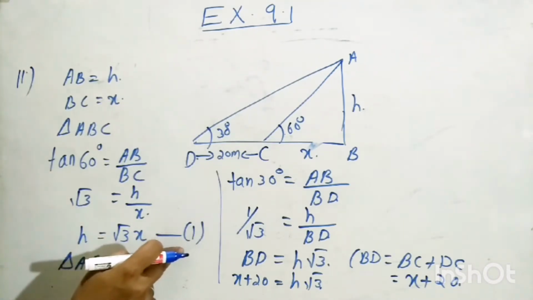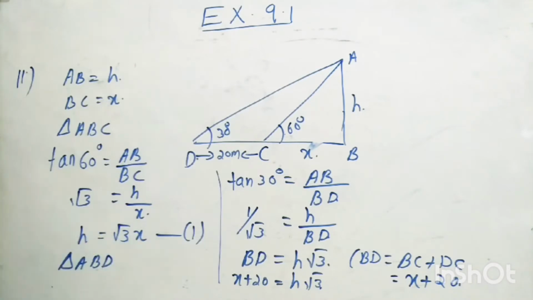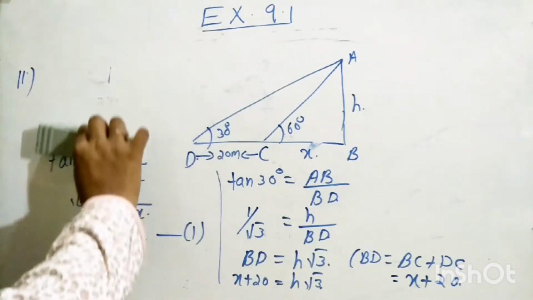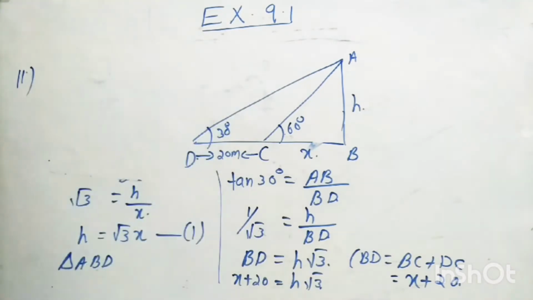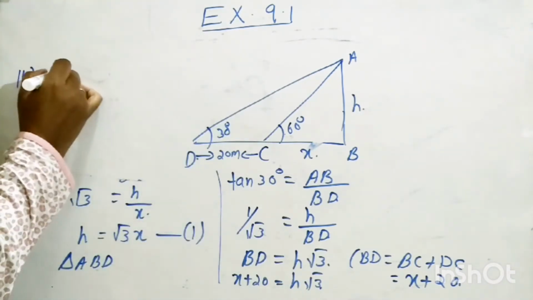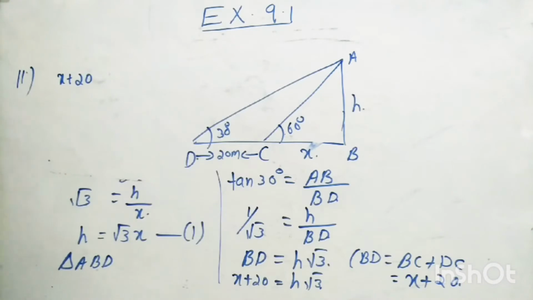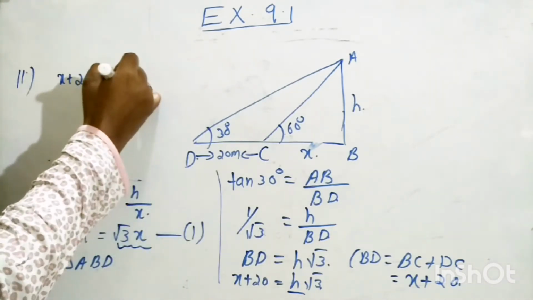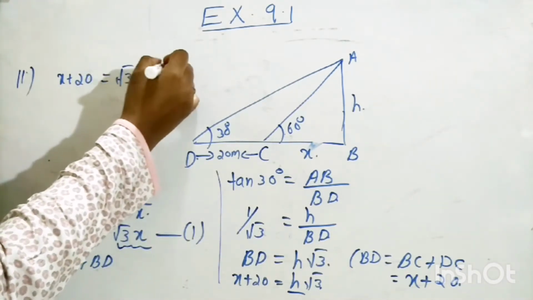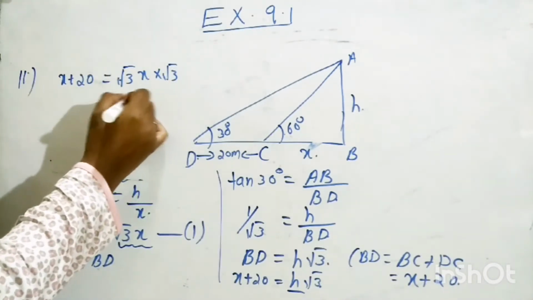From equation number 1, we have the value of h and we will substitute that value. Using equation number 1, x plus 20 is equal to, instead of h, we substitute root 3 x, so root 3 x into root 3. This is equal to 3x.